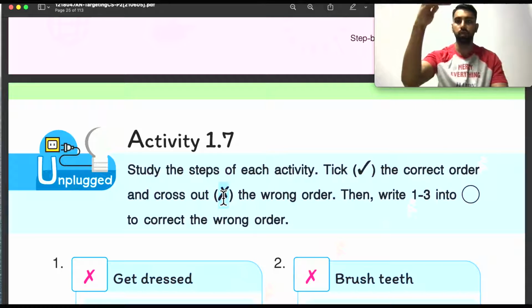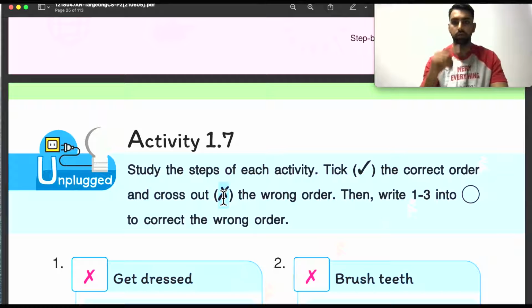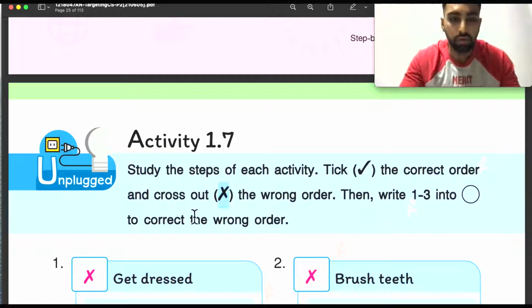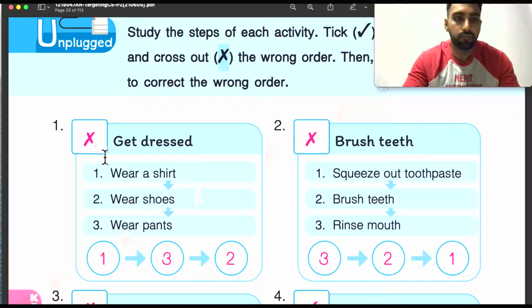If there is 3, 2, 1, that is wrong. 2, 3, 1 is wrong. 3, 1, 2 is wrong. So let's see which one is wrong. Number 1, get dressed. We have wear a shirt, wear shoes, wear pants.